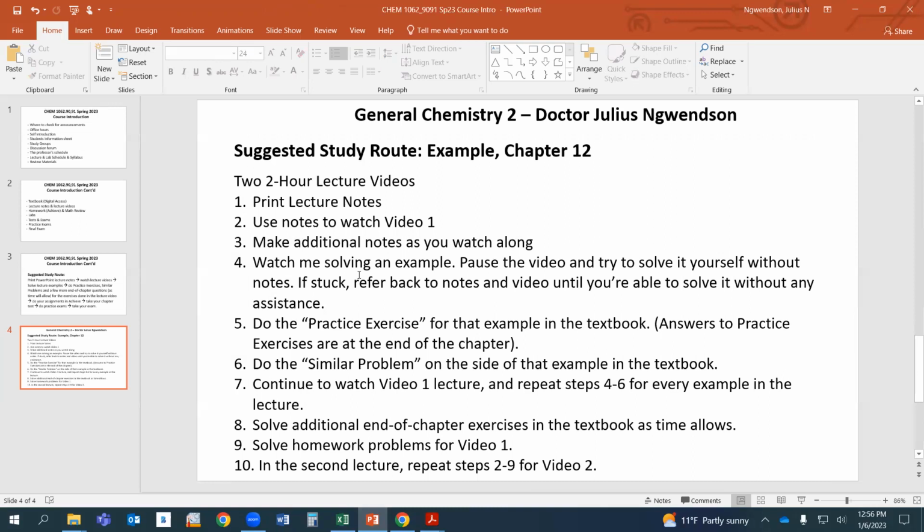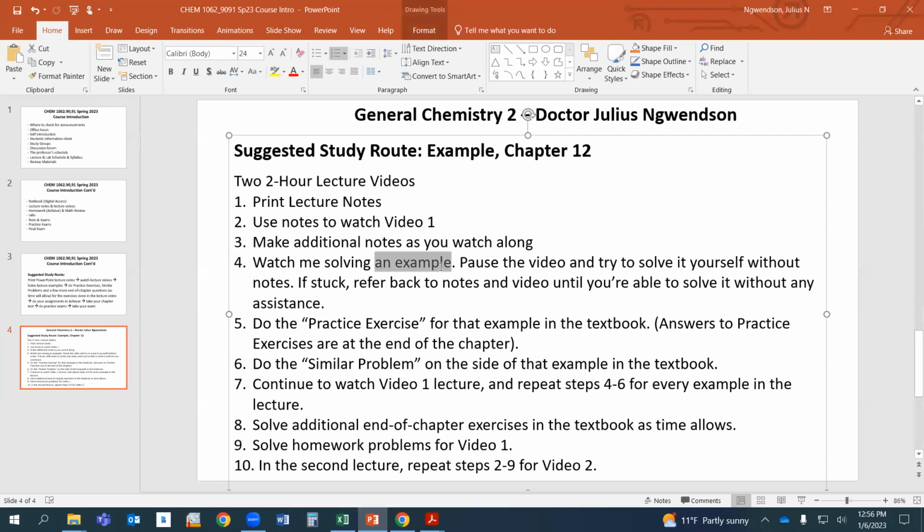Okay. Then eventually we are going to get into an example in the lecture. The first thing you want to do is watch me solve that example. Pay attention closely. Then once that example is done, this is the beauty of recorded notes.